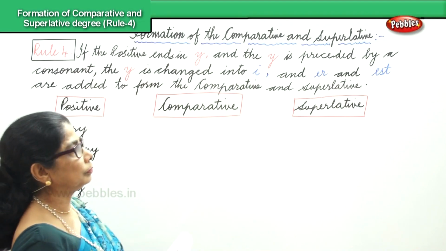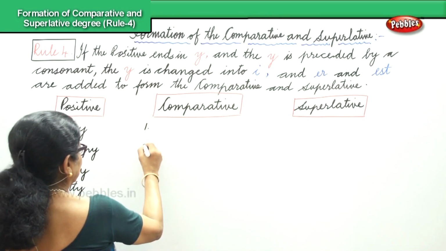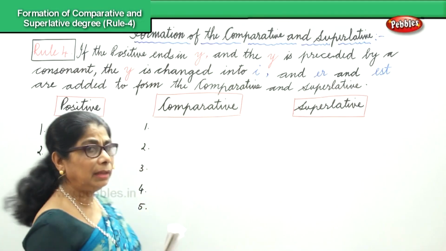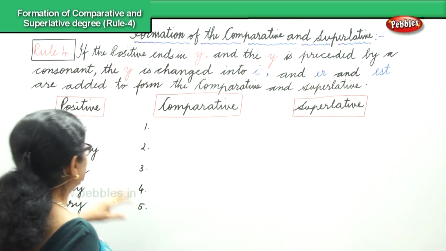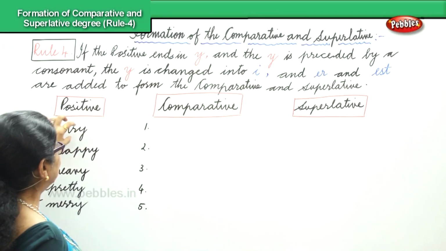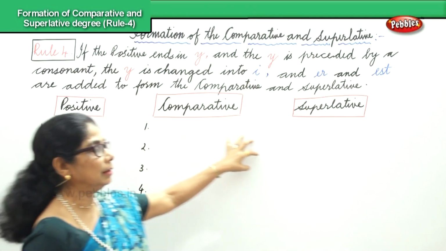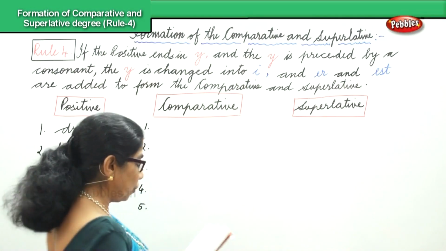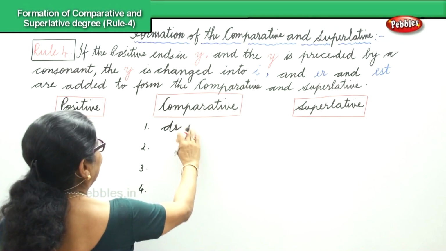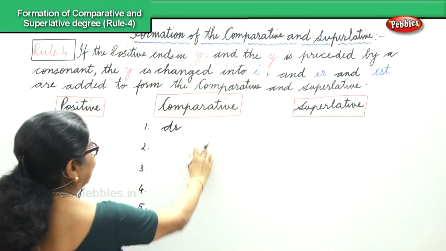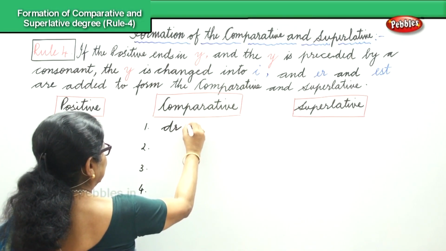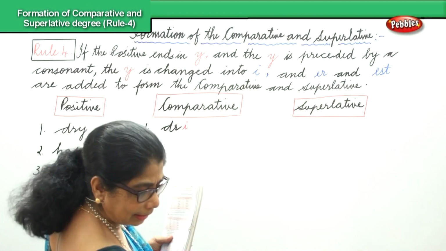Okay, now let's form the comparative. What does it say? The Y is preceded by a consonant R. Y changed to I. So DRI. Then ER is added to form the comparative. So you will find DR, then I is added and ER is added.